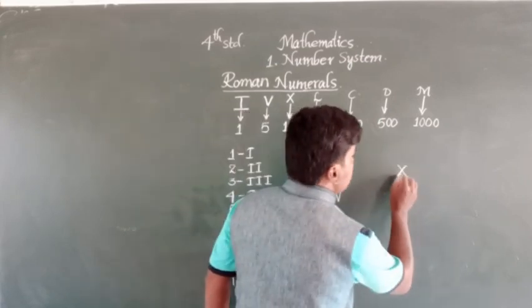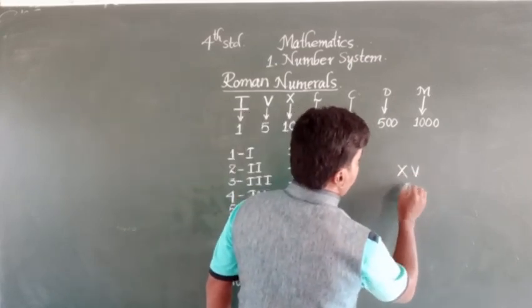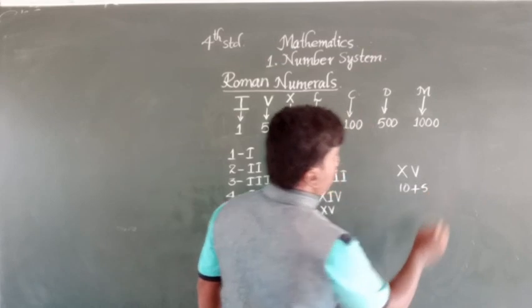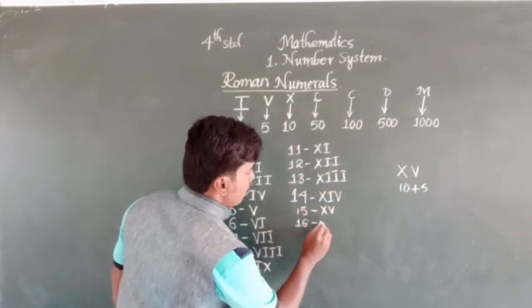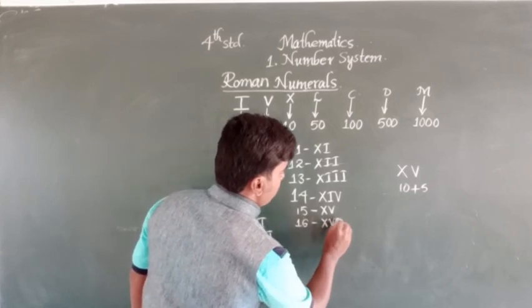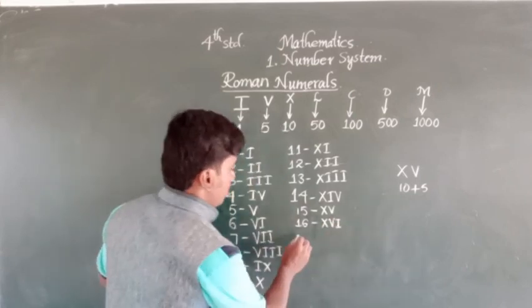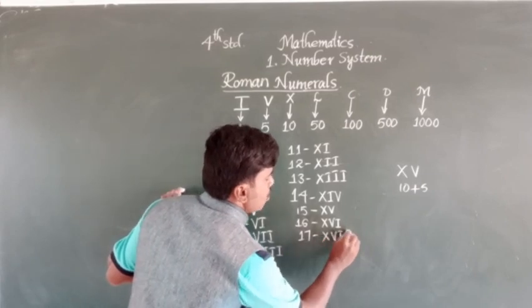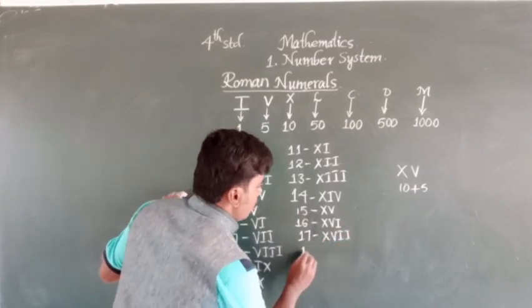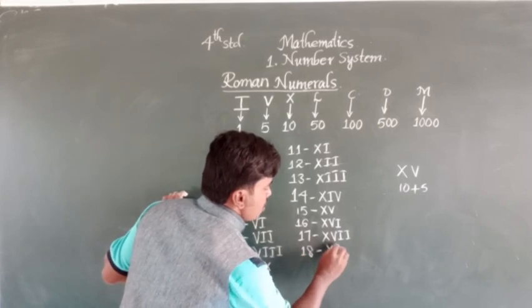So X is 10, V is 5. 10 plus 5, you get 15. 16 is XVI. 10 plus 6 is 16. 17, XVII. 18, XVIII.